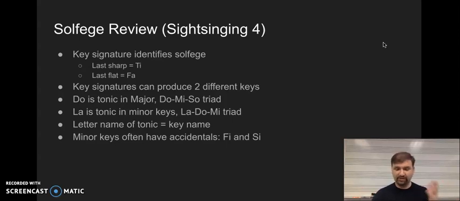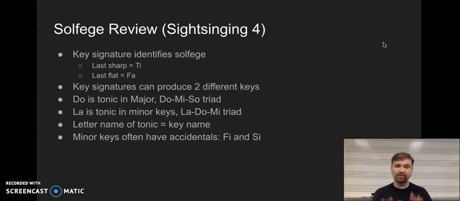If a key signature is centered around Do, Mi, So, then it's a major key. Do is the tonic, and Do, Mi, So are the tonic triad. But if a key centers around La and La, Do, Mi, it can produce a minor key, where La is the tonic and La, Do, Mi is the tonic triad.